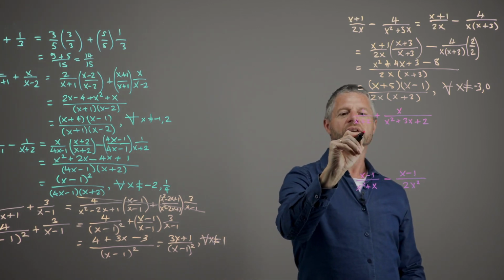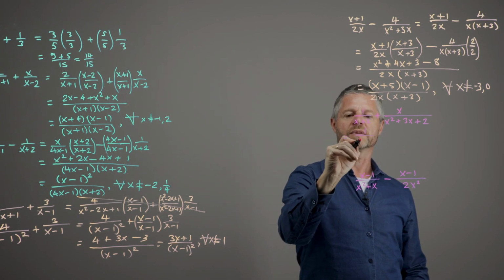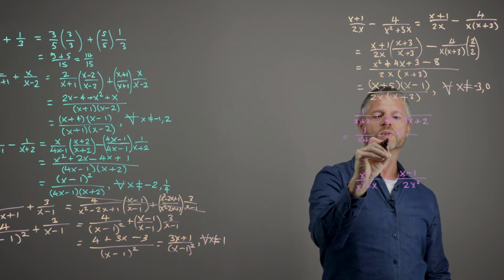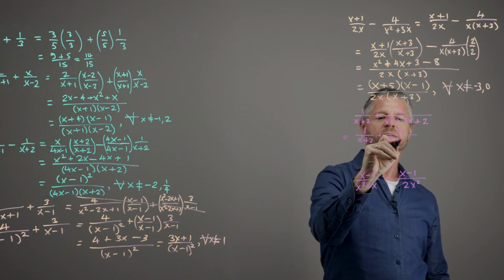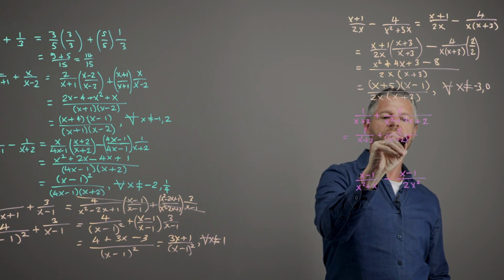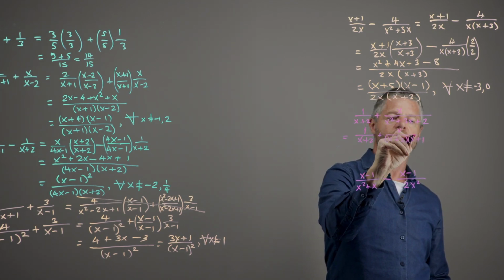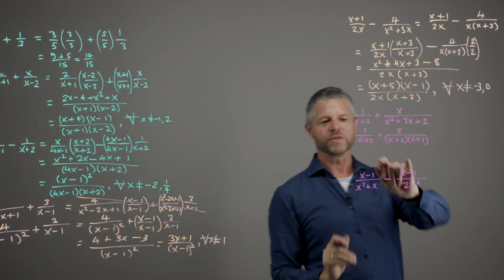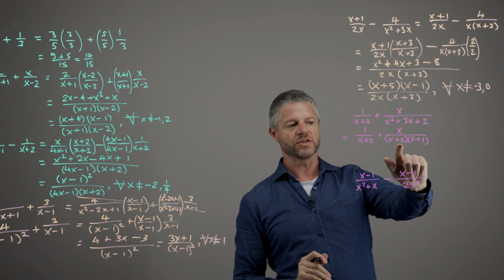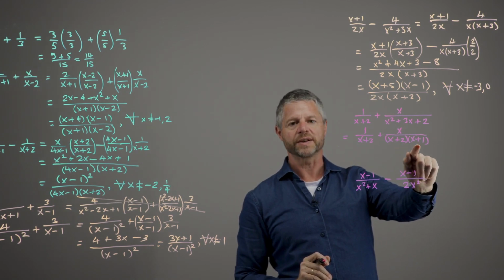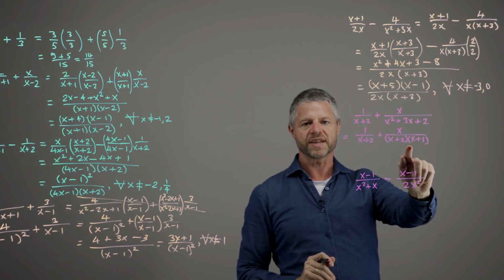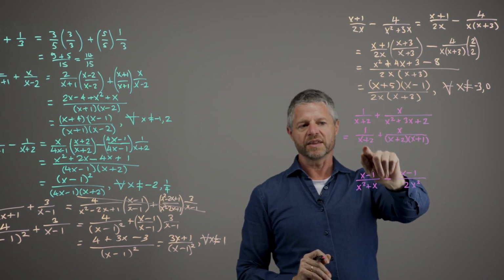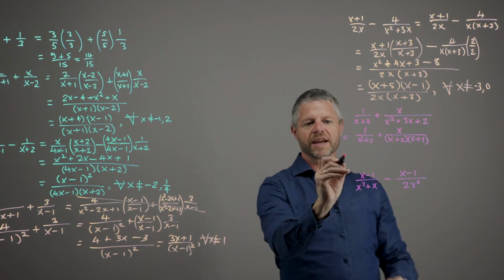So the two numbers that work there would be plus 2 and plus 1. And then we've got a common denominator of x plus 2 times x plus 1.